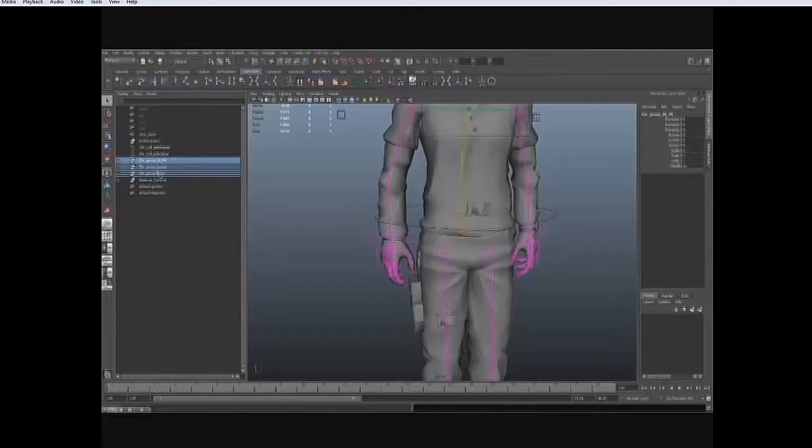Those groups go into the subcontroller, and then the subcontroller goes into the master controller. The master controller is what's going to be transformed on a global scale. What I mean by global scale is scaling the entire rig, including the mesh, rotating the entire rig, and moving the entire rig. This is how that's achieved.